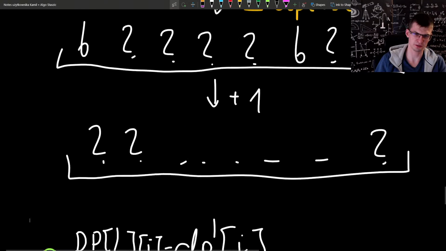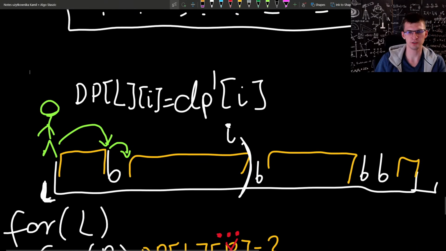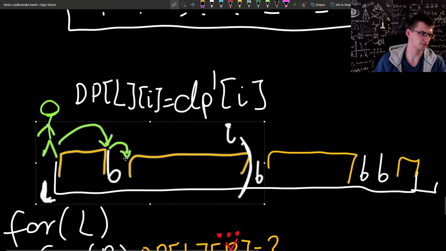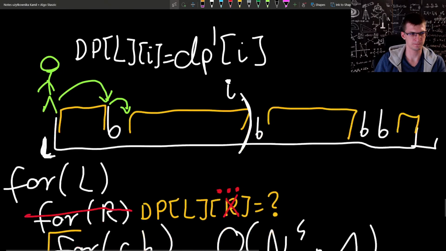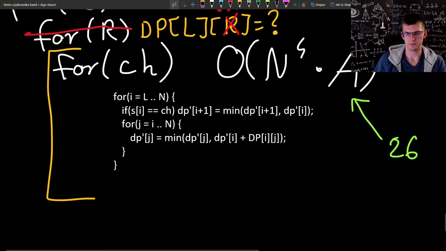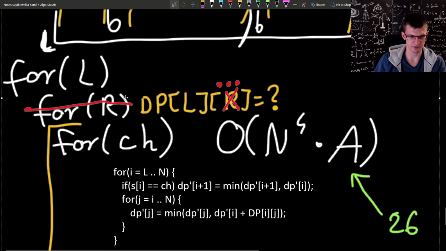I don't remember now what the problem was about. Yeah, we minimize. We say dp of LI is the minimum of itself and this temporary dp of a frog. And this way we got rid of this one for loop.